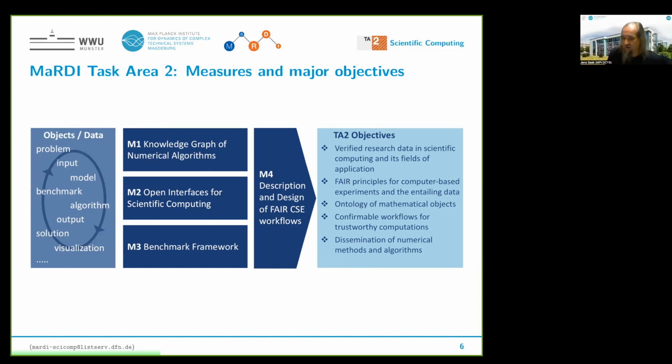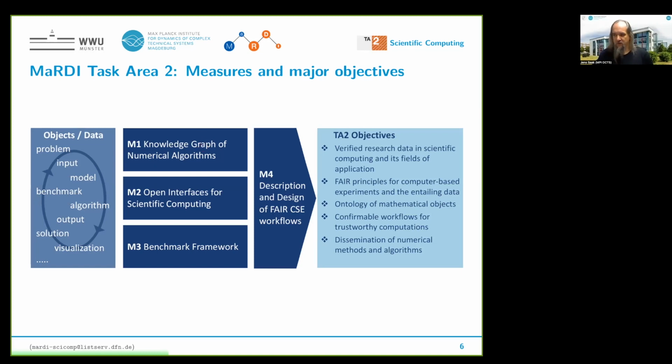But they are first connected in a practical and abstract way, and part of the measure 1, the knowledge graph of numerical algorithms, is to connect all these in a more rigorous way via a knowledge graph that can then describe which algorithm has been invented in which paper, used in which other paper, applied to which kinds of data, such that it allows for an easy search from one of these objects to another.